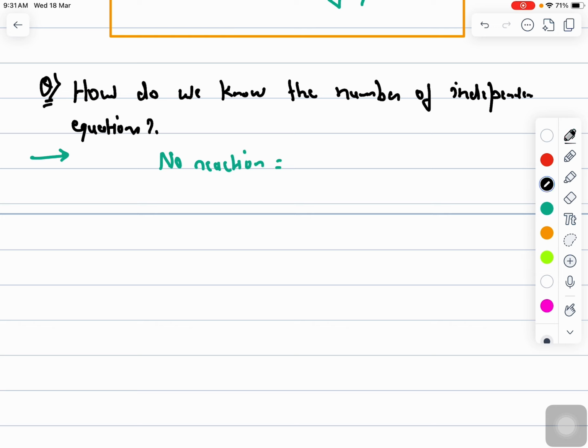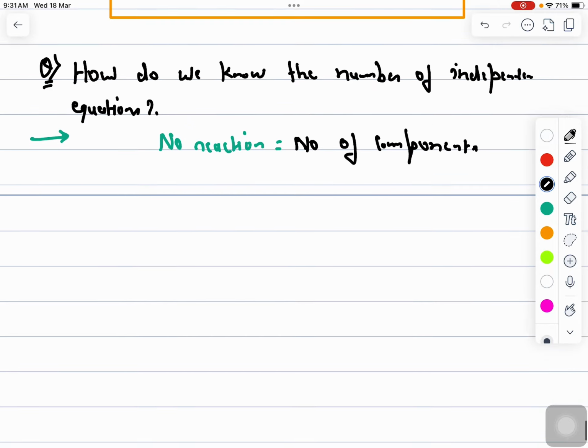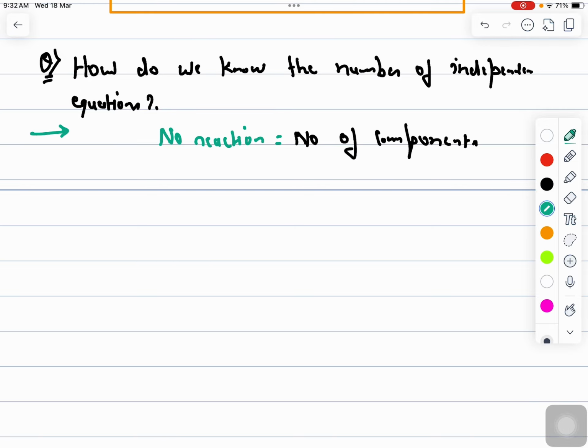If no reaction is happening, then the number of independent equations can be written as the number of components. And if there is a reaction, then the number of atomic species will be there. So you'll write the balance for atomic species.